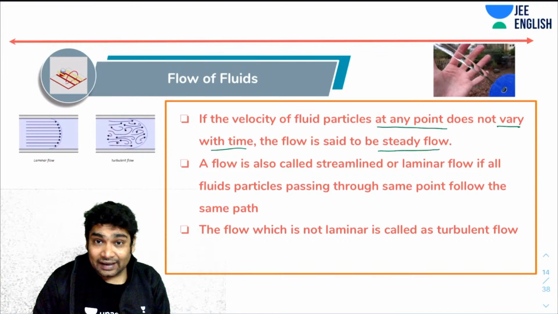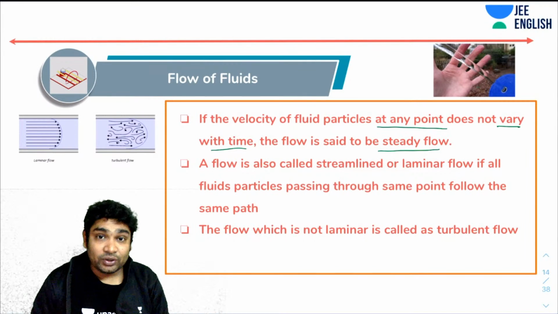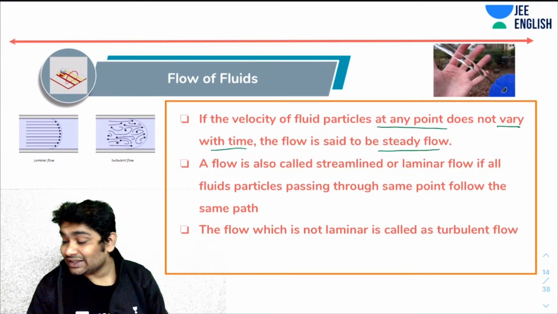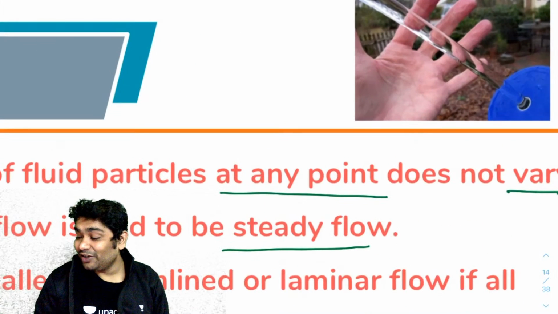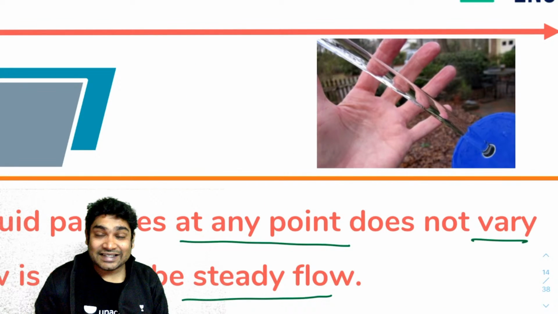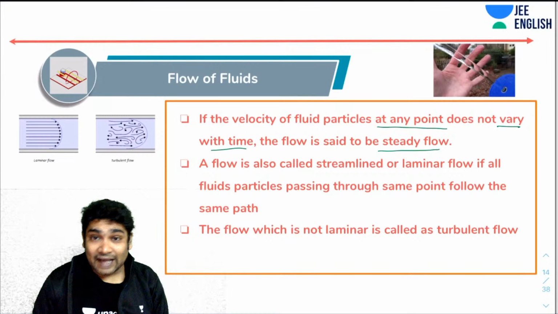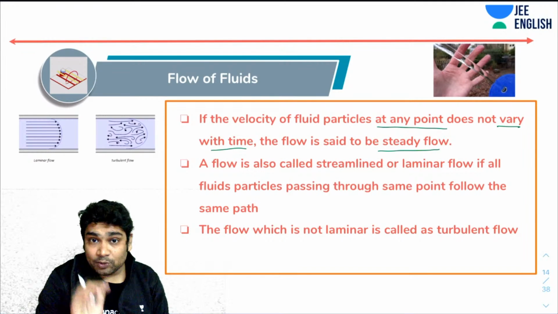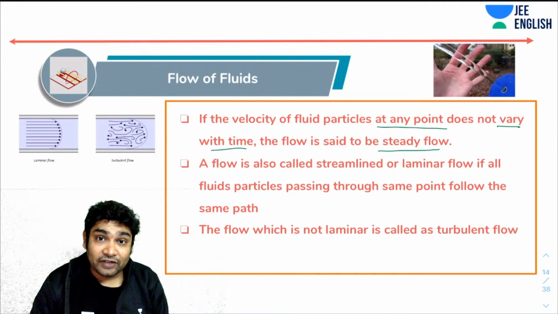In our analysis of moving fluids, we will only be studying those fluids which are exhibiting steady flow. So what is steady flow? When it appears something like this, it is called a steady flow. The first characteristic of steady flow is that the velocity of any particle at any position in space does not vary with time.